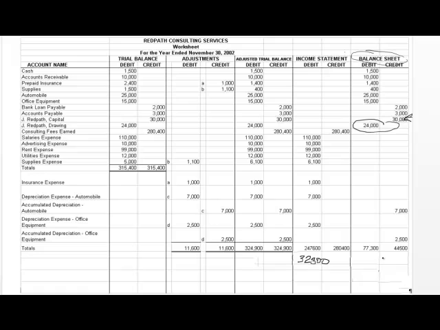If it's not the same, then it's time to go back through and check and double check and make sure your adjusted trial balance was added and subtracted correctly, that you put the right accounts on the income statement, and that you put the right accounts on the balance sheet and statement of owner's equity. Don't forget this withdrawals account. You'll notice that it's called drawing in this instance. Some books call it drawing, some books call it withdrawals.